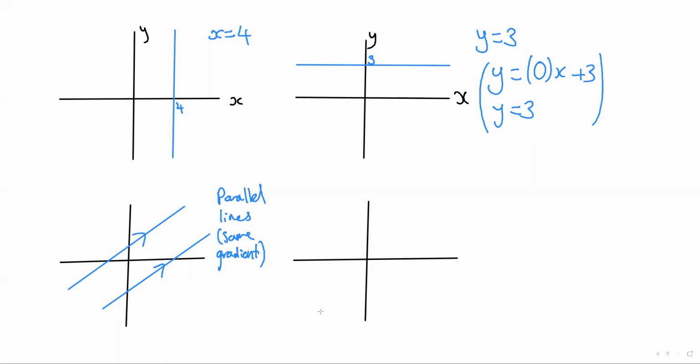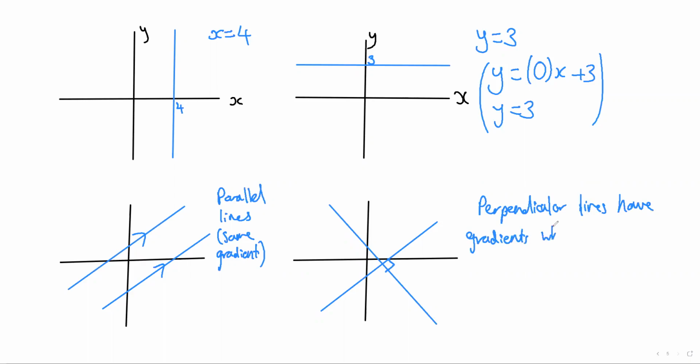Now, perpendicular lines cross at right angles. Perpendicular lines have gradients which are negative reciprocals of each other.